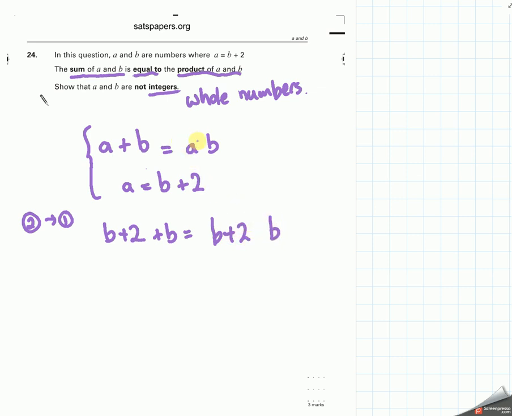What we need to remember though is A, we are replacing with B plus 2, and because they're not high enough order, if you hadn't put the bracket around it, it wouldn't do the addition correctly. Simplify both sides, so 2B plus 2 is equal to B squared plus 2B. Rearrange to bring everything onto the same side, and now we're actually going to solve a quadratic from this point onwards.